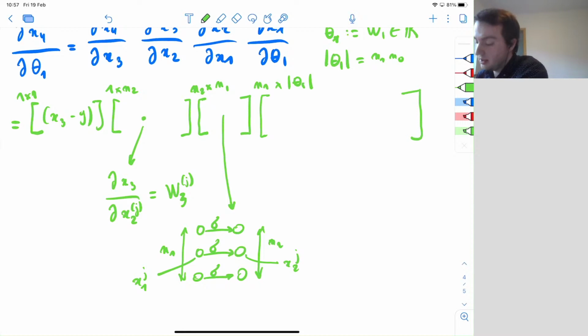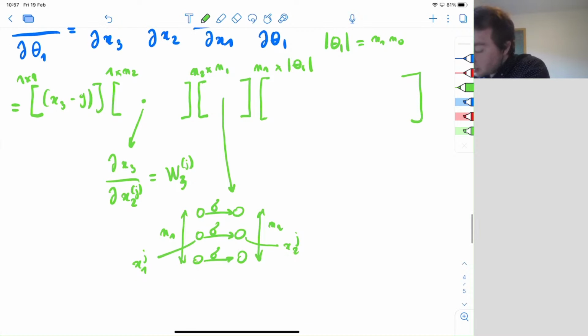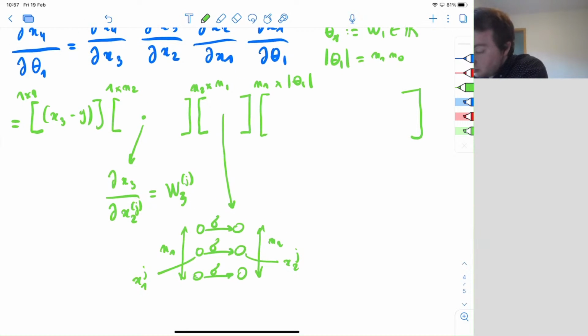So if you compute the Jacobian of x2 with respect to x1, that matrix is full of zeros except on the diagonal, because the computation of the element x2j only depends on x1j, and it is not affected by the other elements in x1.